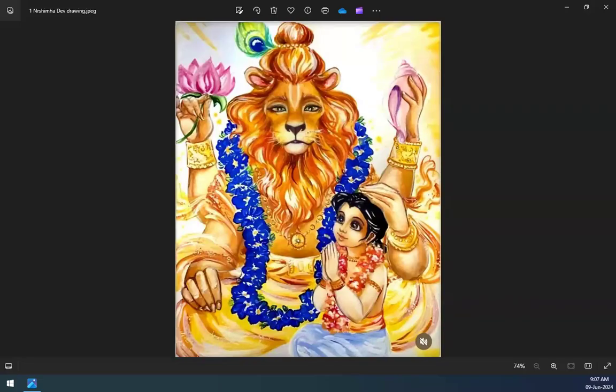All the nonsense that is going on in the world right now, that is pure demoniac. And in one of the verses, we read about the word lotus feet. Lotus feet should be of the Lord. But the demons called a woman's feet lotus feet.